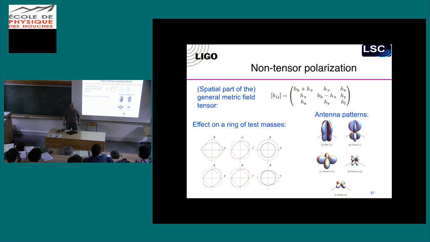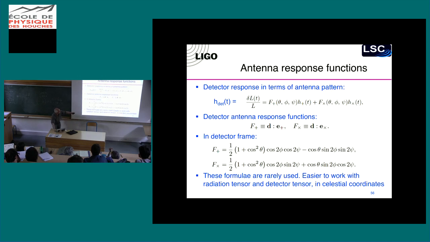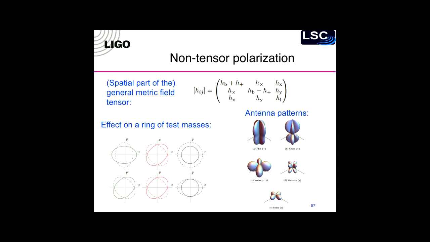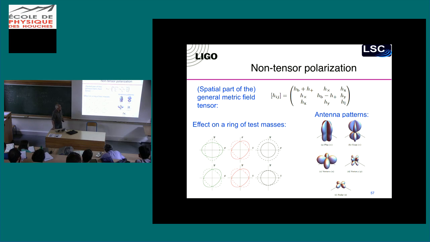It looks a lot more complicated, even though the formula looks just as simple. Because of these combinations of cosines and sines rather than cosines and cosines, here it's cosine, cosine, sine, sine, here it's cosine, sine, sine, cosine, you can convince yourself that you can get a more complicated pattern. And in particular, for cross-polarization, any gravitational wave traveling in the plane of the detector in any direction but cross-polarized, 0 response.